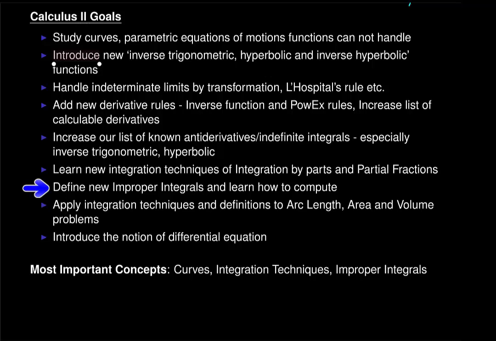To be able to handle this last example that we had, which was the area under 1 over x squared, we have to define a new integral. So let me ask you, how many integrals do you know now? I don't know, 1? Actually, you know 2. Just think, how many definitions are there?